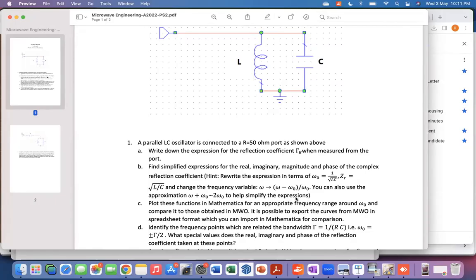So the hints are given, and I'll explain the motivation for why these approximations are suggested because of the conditions in which these measurements are typically done. Okay, so I'm going to shift to my iPad now.